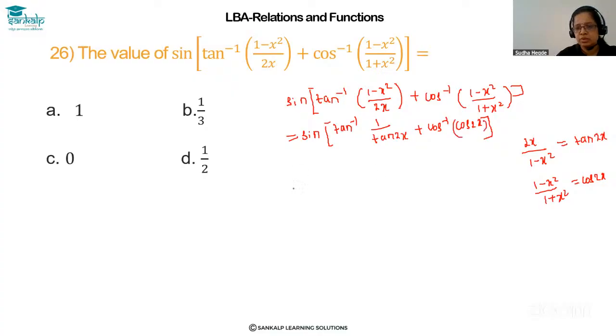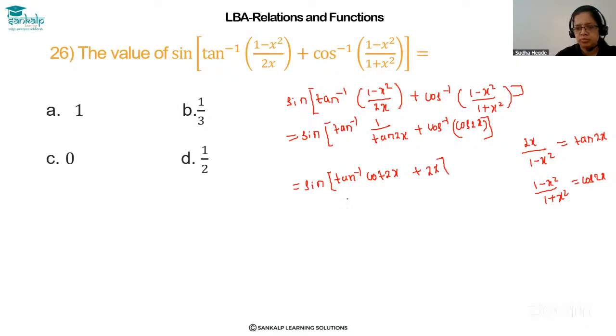Therefore, sine of, so this 1 by tan is cot, so tan inverse cot 2x plus cos inverse cos 2x is 2x itself.